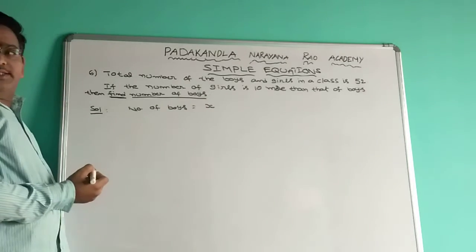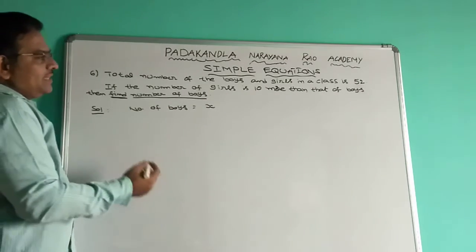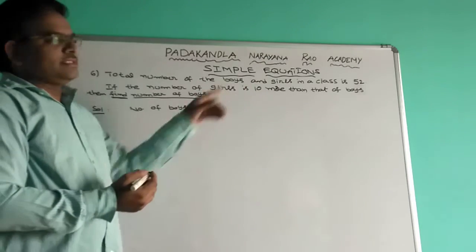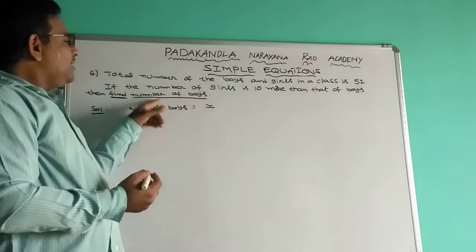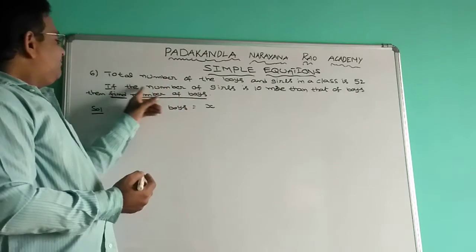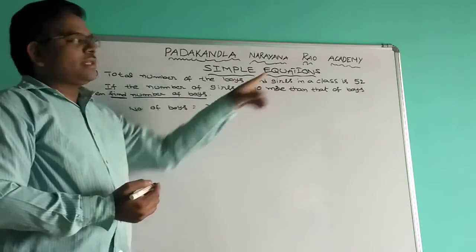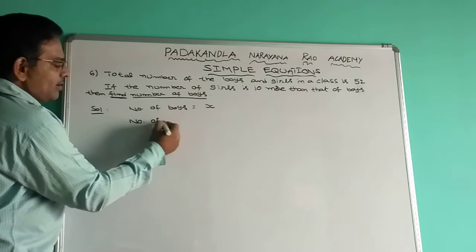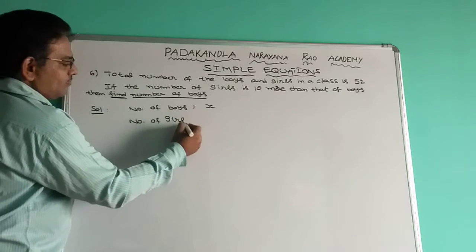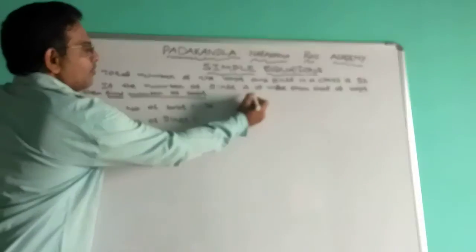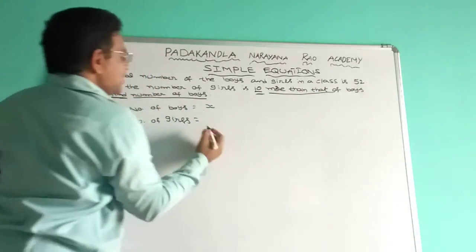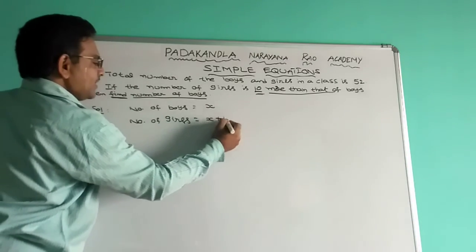Now if you take it as x, what is the relationship between boys and girls? If you read the question, the number of girls is 10 more than that of boys, so automatically the number of girls is x + 10.